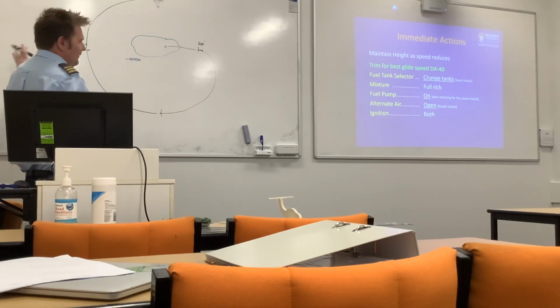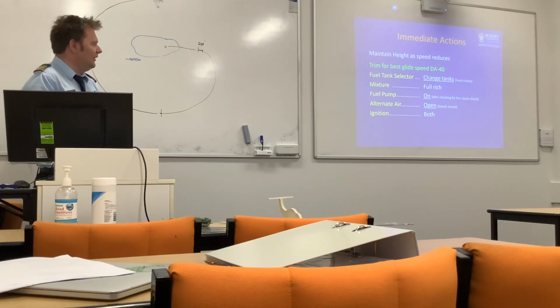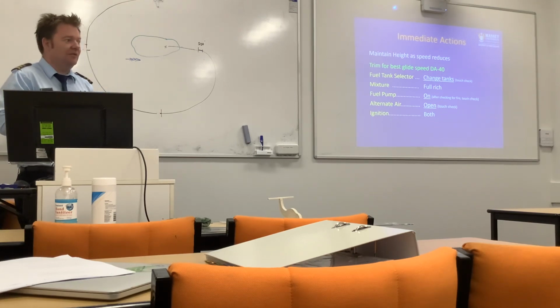And I'd probably write them up as I went, or just put immediate actions in there. So at least the students have got something there to do the procedure. But definitely trim for the best glide speed and do our immediate actions. We've done this in a FATO, so hopefully the students know what they are.